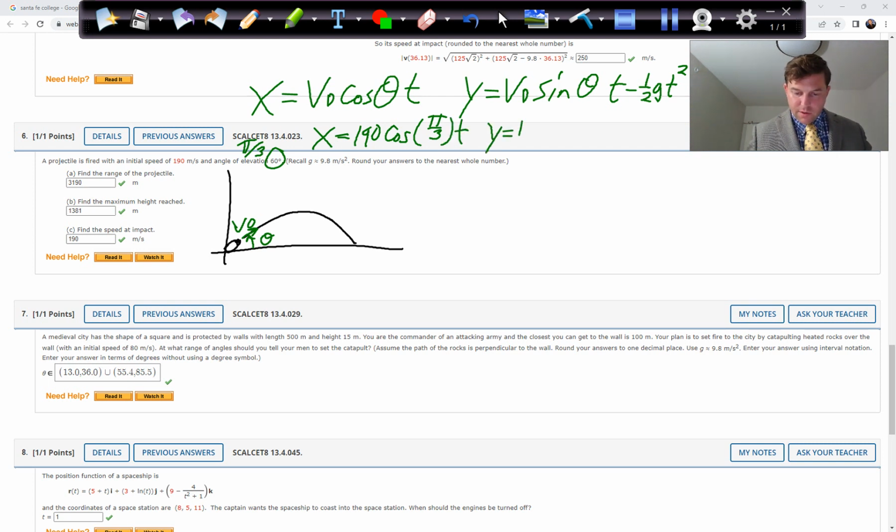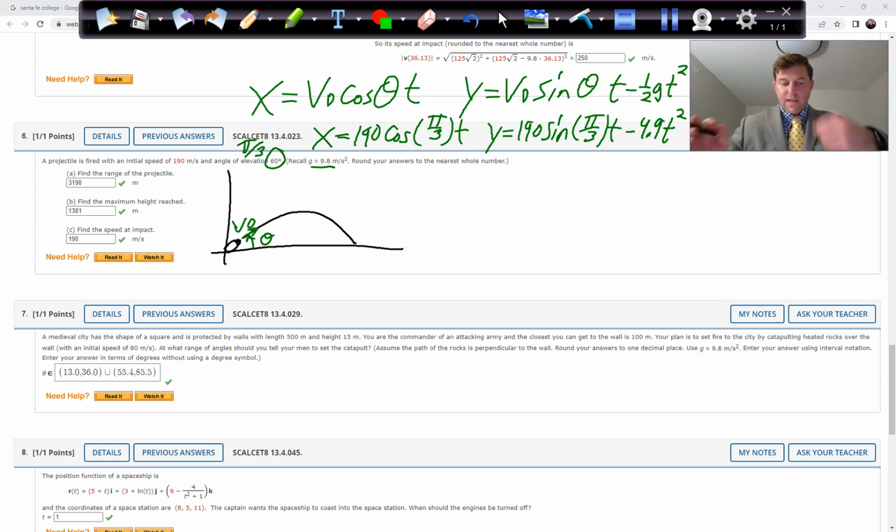And y is going to be 190 sine pi over 3 times t minus g is again 9.8, so this is going to be minus 4.9 t squared. Extremely similar to the last problem. The only difference is the angle's slightly different, and the y has no elevation, so that 10 in the last problem is 0 now. So there's no initial height.